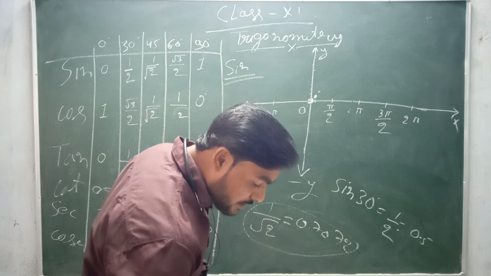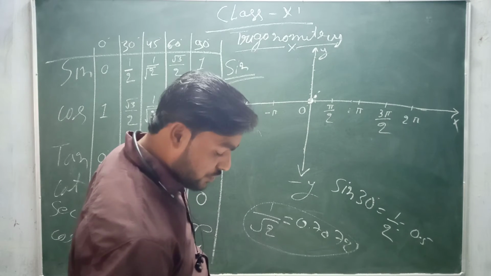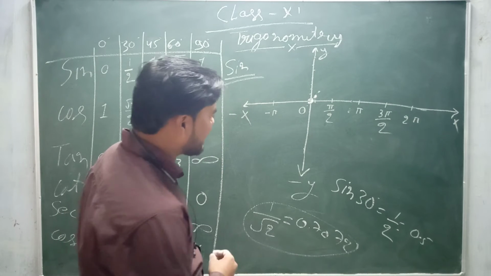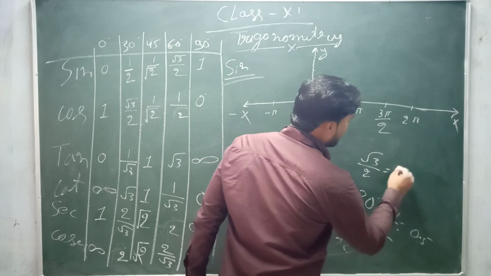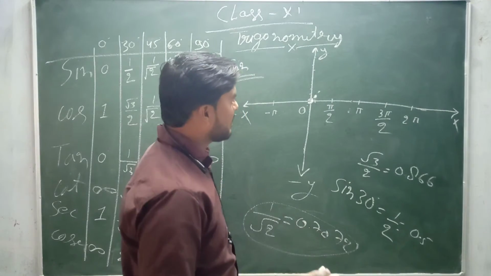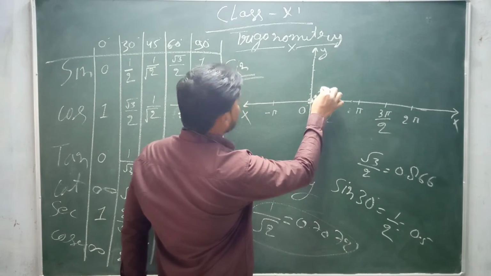Root 3 is 1.732, divided by 2 is 0.866. Then it lies here.